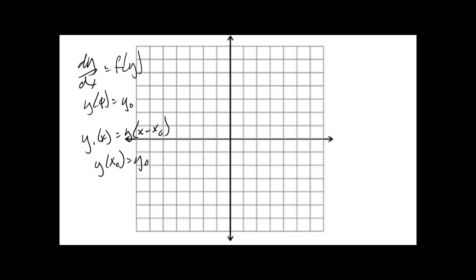Because when x is equal to x0, you have y0 as your answer. So as before, that might be right here, now it'll be over here. The curves may be identical looking, but you've just shifted over. So that's a new solution for that differential equation if you had this initial condition.